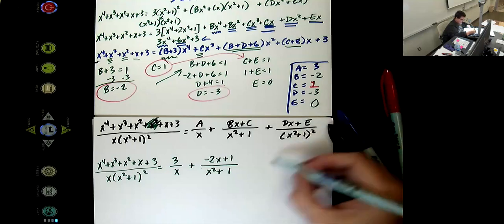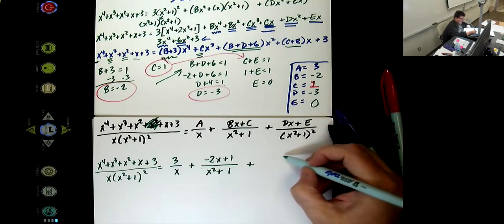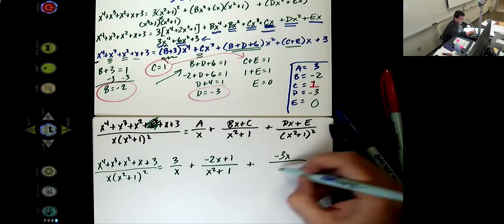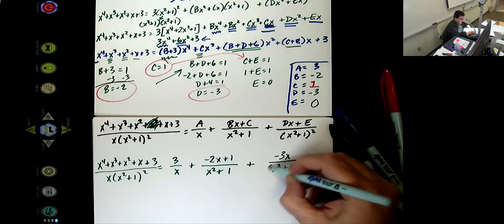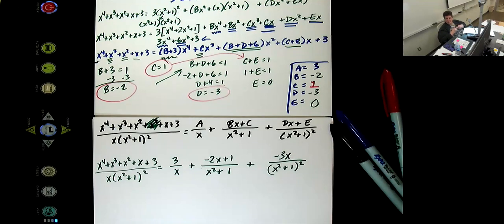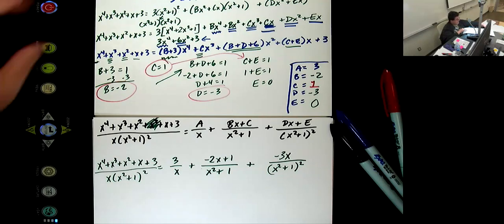And E is 0, so this is plus -3x over x squared plus 1 squared. And that's it. That's that problem.